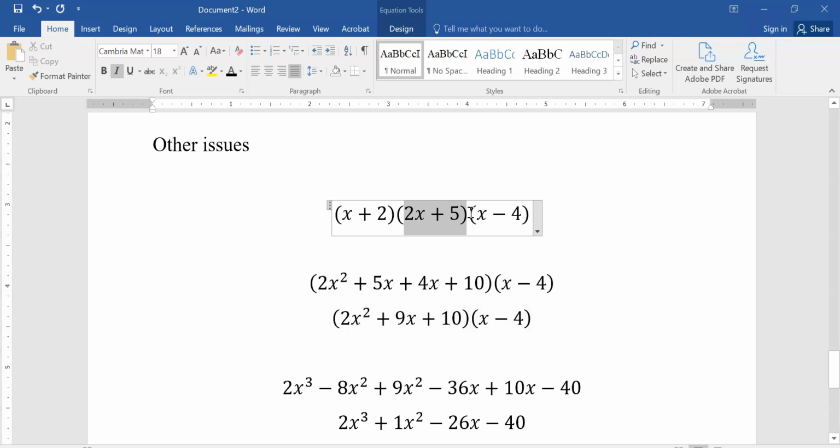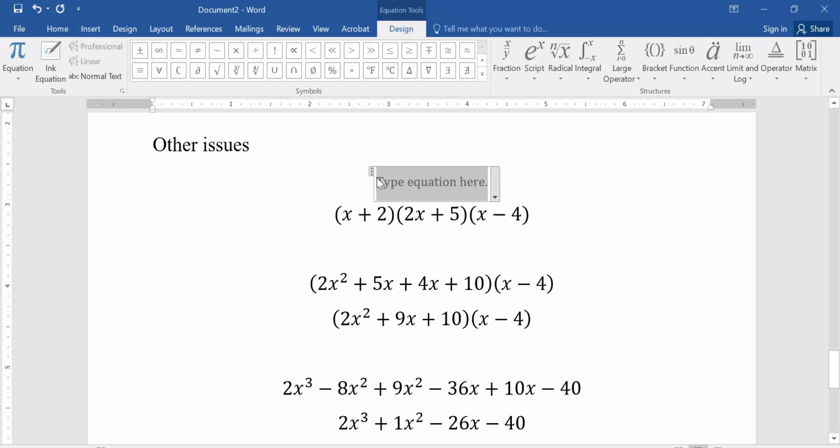You could have actually multiplied these last two first as well, and then took the x plus 2 times whatever that result is. And that is another property of multiplying three numbers. If you take three numbers, a times b times c, it doesn't matter which order you multiply them in. You could say, well, the a times the b first, or you could do the b times the c first and then multiply by the a.